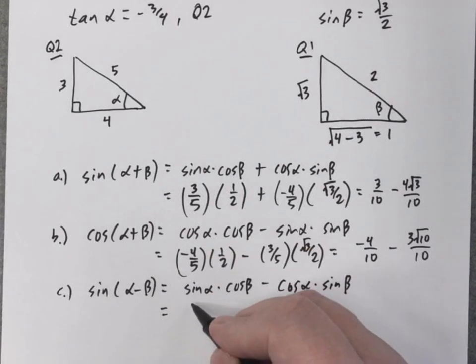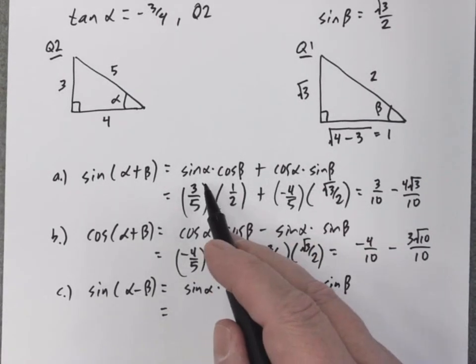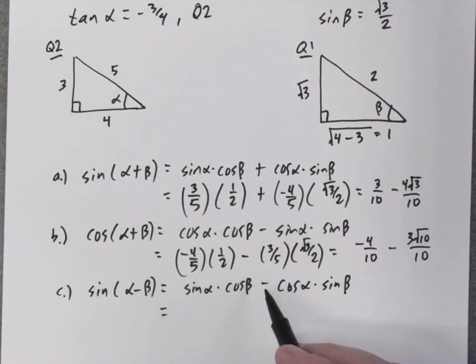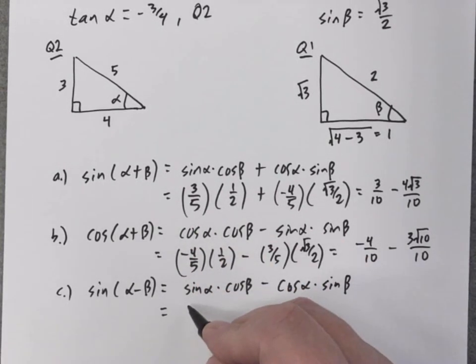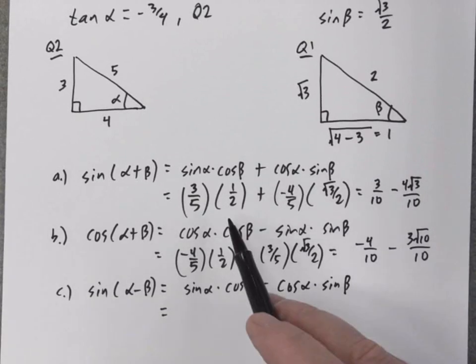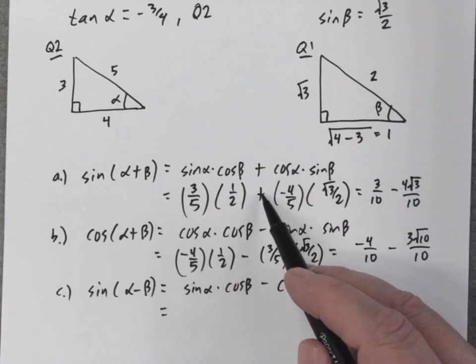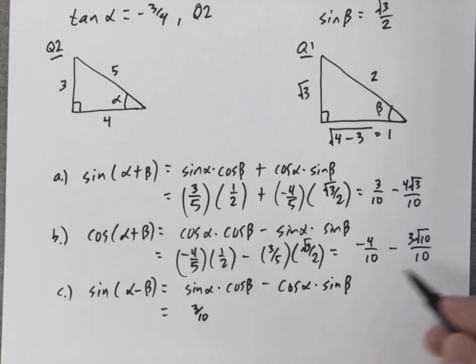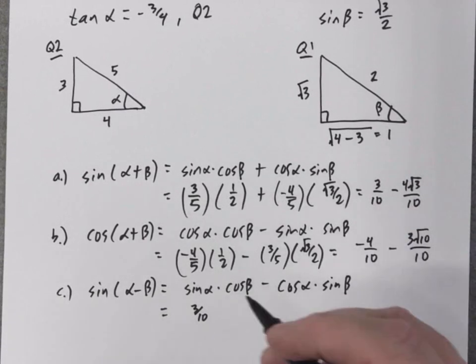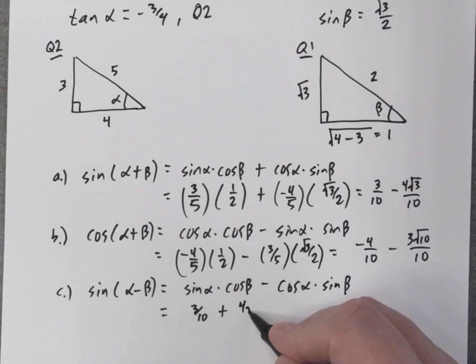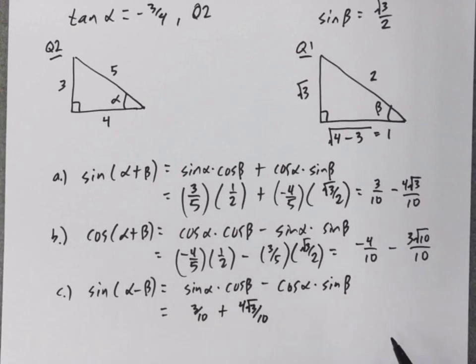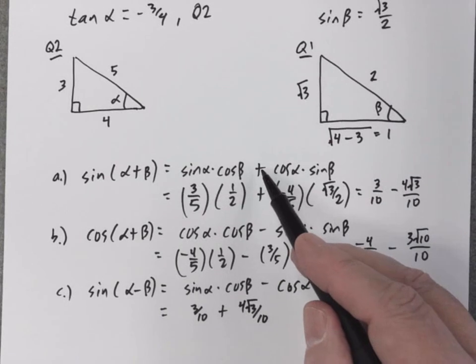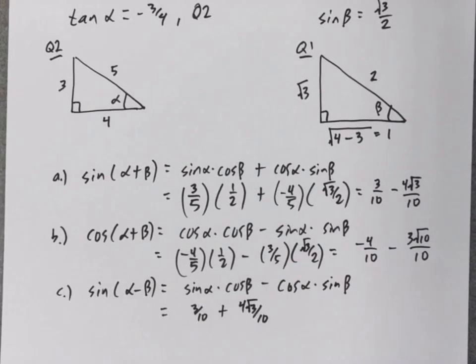Sine of alpha, I can actually look up here because it's the same thing except instead of a plus it's a minus. So it's actually the same calculation except I put a minus here. So really I can say it's going to be 3/10, and instead of minus here, should be plus. Because you notice these two equations are identical except here you're adding, here you're subtracting. So, unless I messed up, this should be the answer, and that is correct.